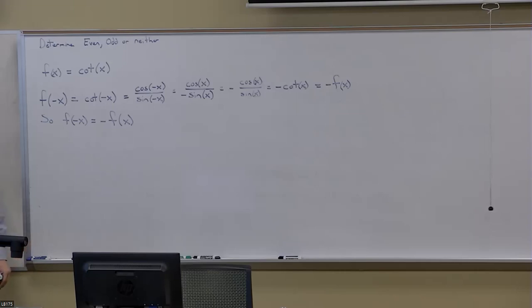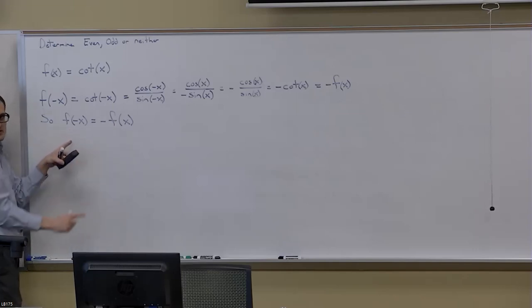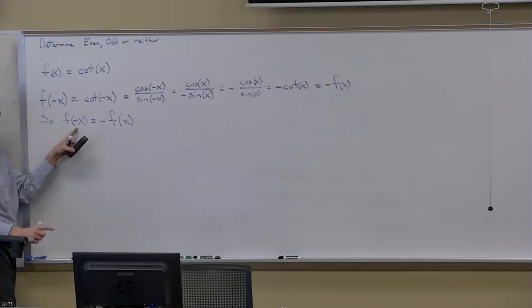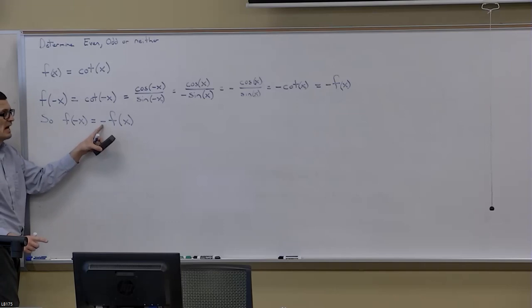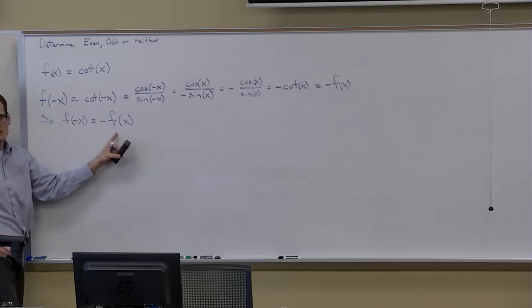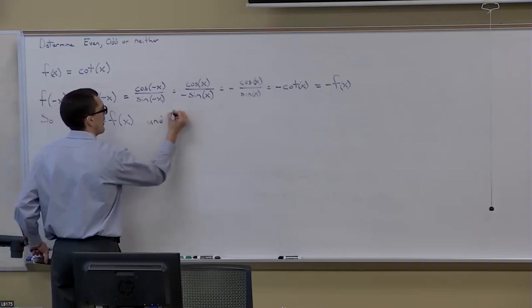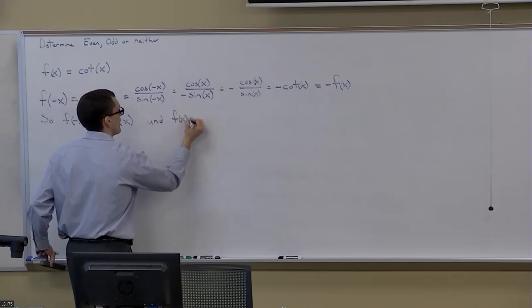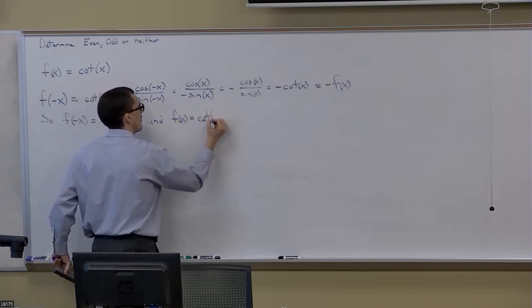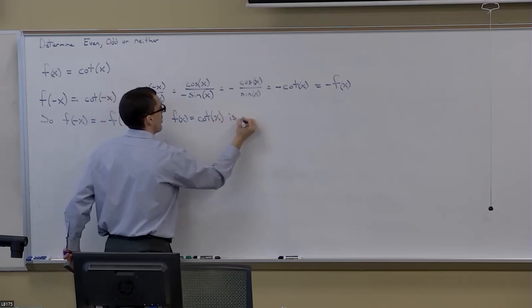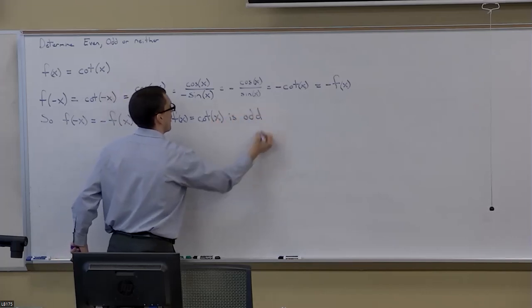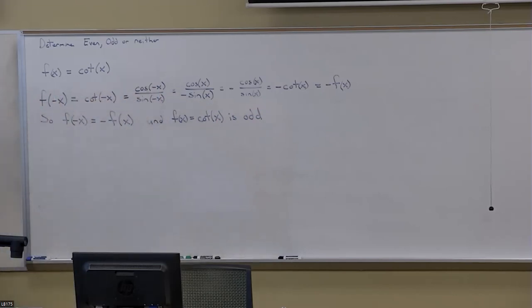What's that mean? That means cotangent is odd. Right, that is by definition what odd means. When you plug in a negative, the output gives you the opposite of the output when you plug in a positive. And so cotangent is odd.